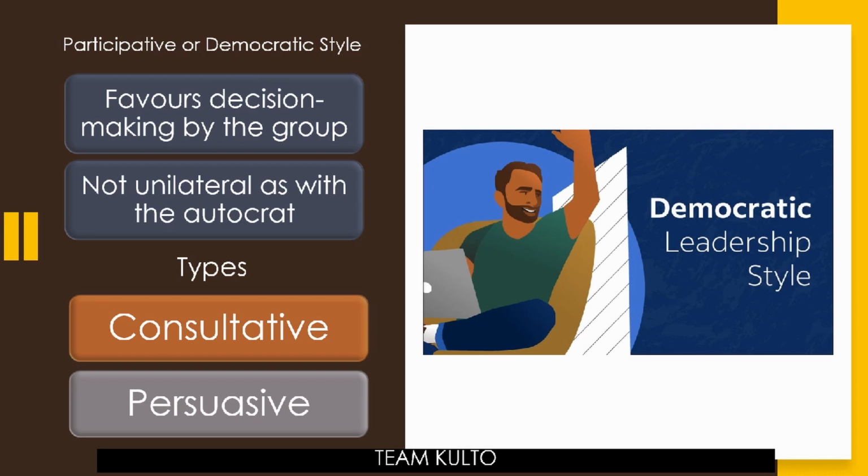Imagine the scenario. You come up with a decision, and then you are trying to convince, you're trying to persuade your members to agree that this decision that you have is beneficial for the group. You're persuading them to agree with the decision that you have. Malinaw ba yon?